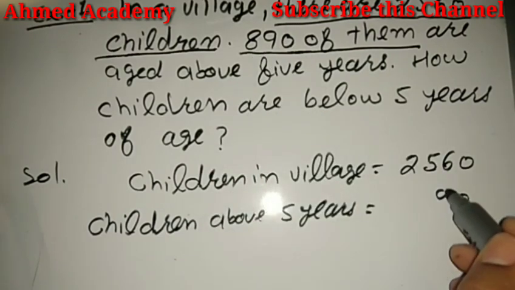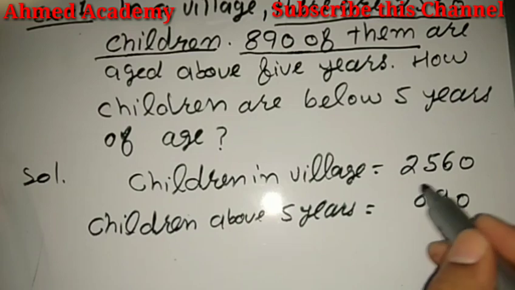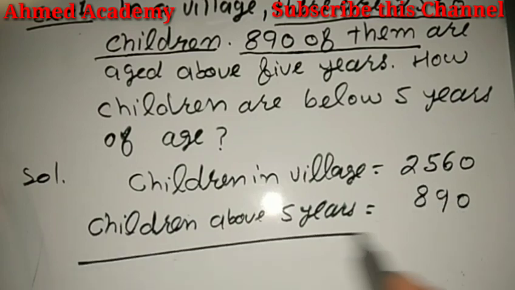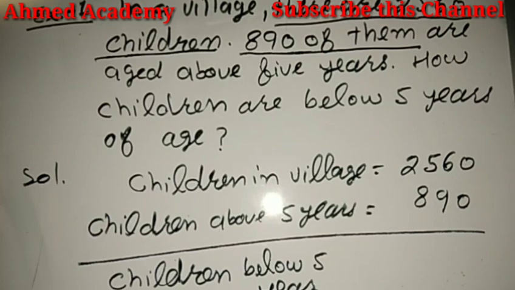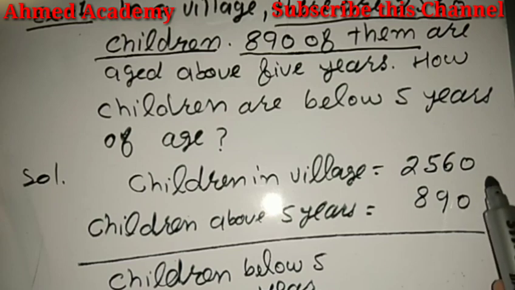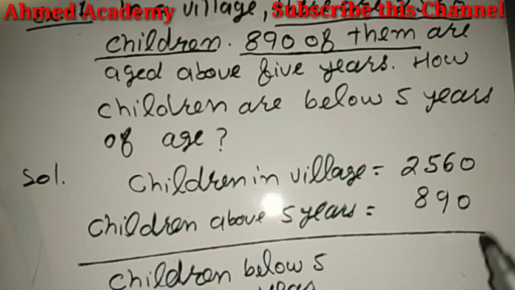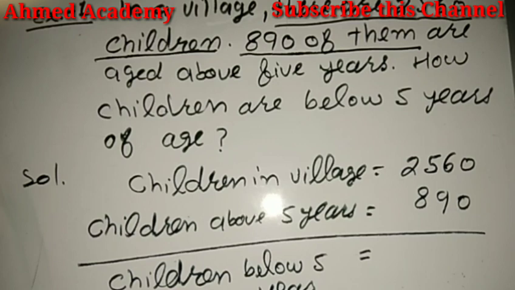So write here 890. Now children below 5 years. If we subtract the number of children whose age is above 5 years from the total number of children in the village, then we get the number of children who are below 5 years of age.